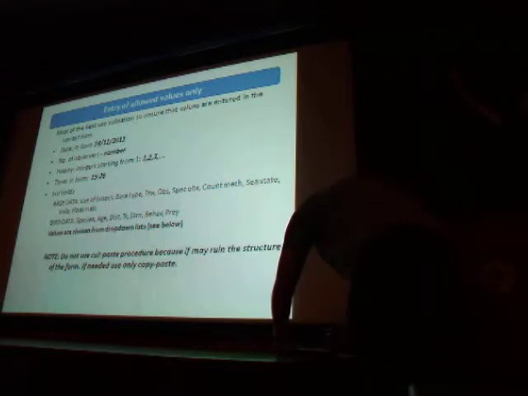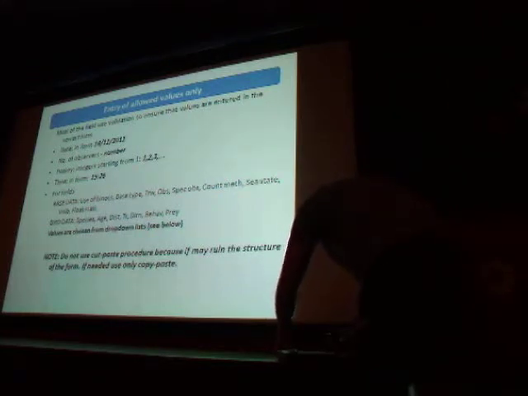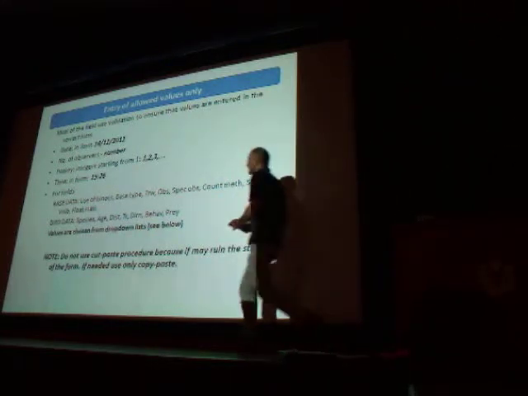So in order to avoid mistakes, certain fields are filled in a certain form. Let's say the date is written in that form. You don't write 14th of January 2011. Time is written in this form.